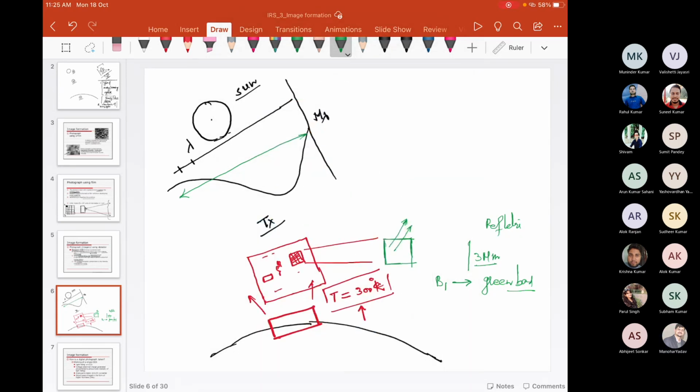Now see what happens when I consider the satellite onboard sensor. I'm just considering one sensor, and that sensor is designed for sensing the energy in band B1, that is the green band.